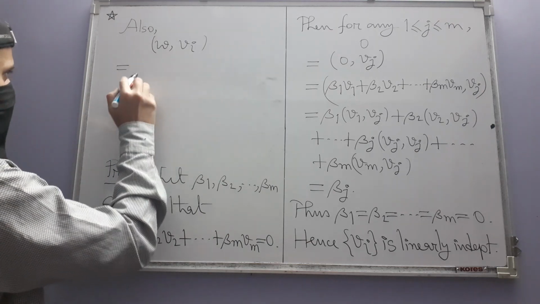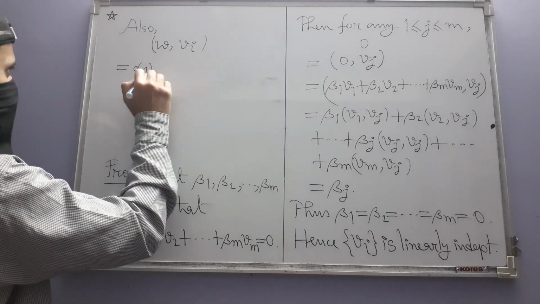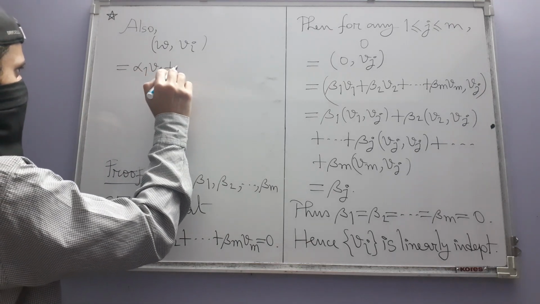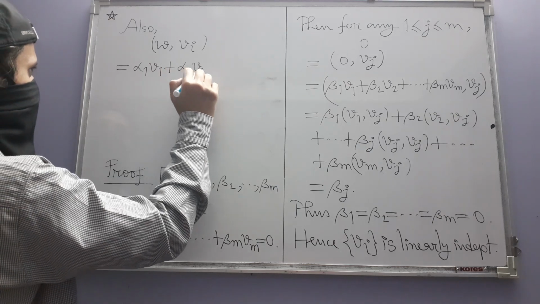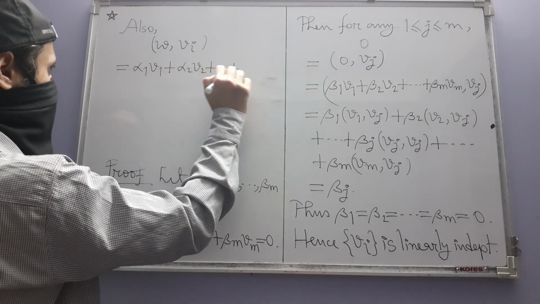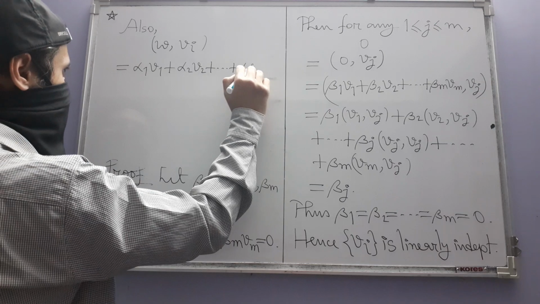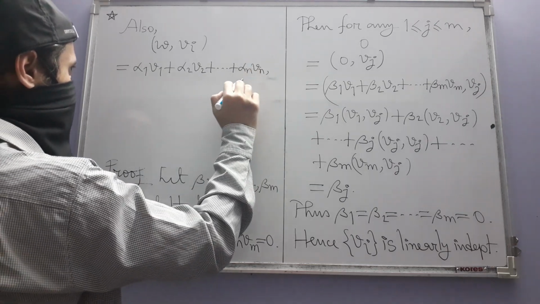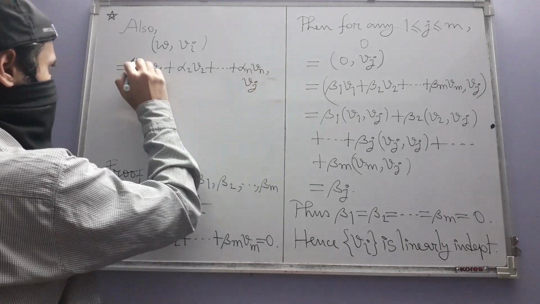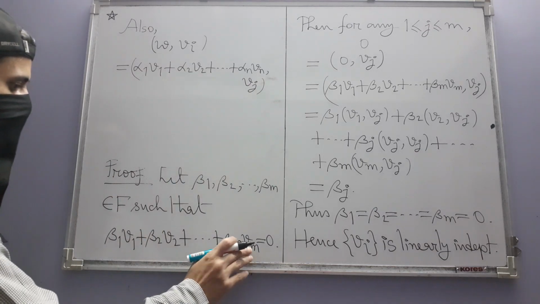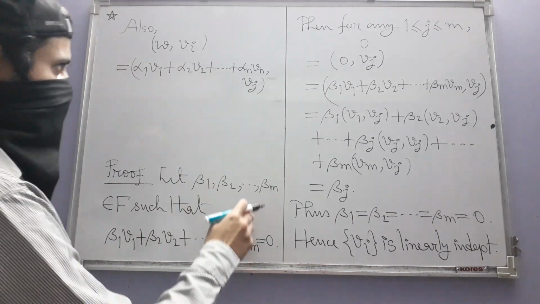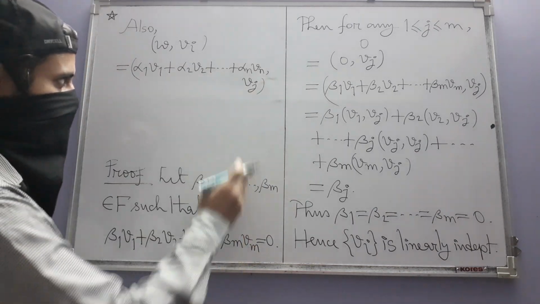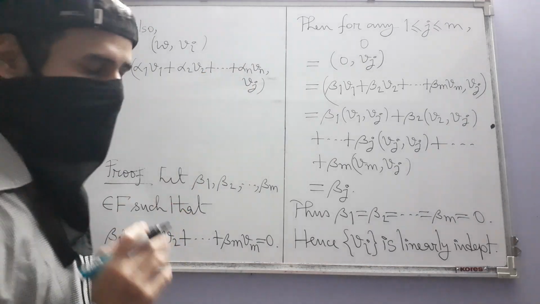So we know what W is, it's already given: alpha 1 V1 plus alpha 2 V2 plus alpha n Vn, Vj. Here I deliberately took n just to differentiate it from this given one.